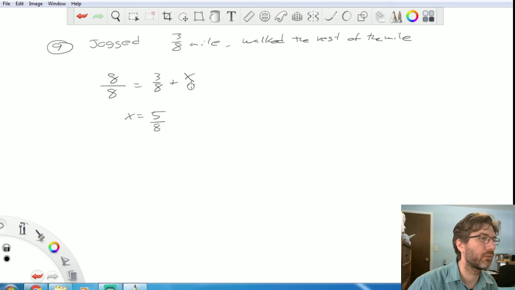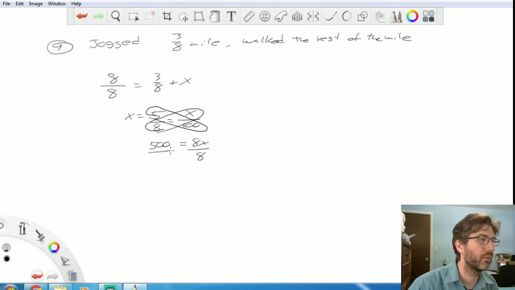Technically we want just x there, because we want the denominator with it. But x is going to equal 5/8, and then you just want to take 5/8 and make it into a percent, which again, set that equal to x over 100. You get 500 equals 8x through cross multiplying.